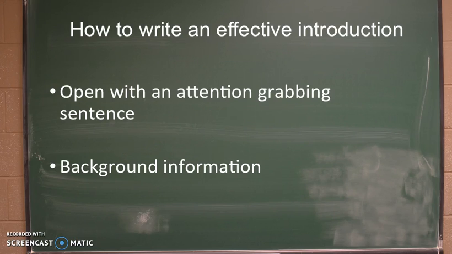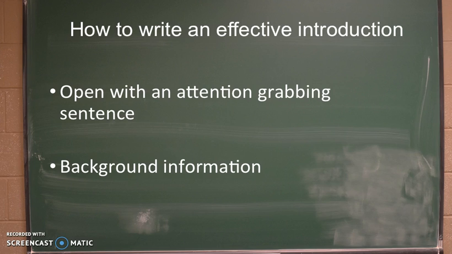Also, background information relating to your question. Now, you will have a topic question. This is different to the background information. Your background is going to be the general information, the general content relating to the area that you are looking into, rather than specifically answering the question of your introduction. You should include this in here.